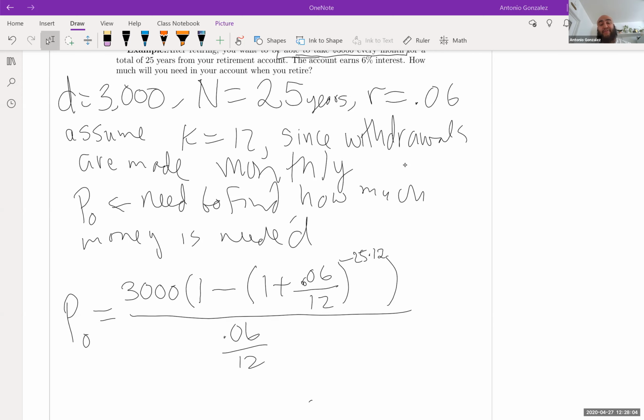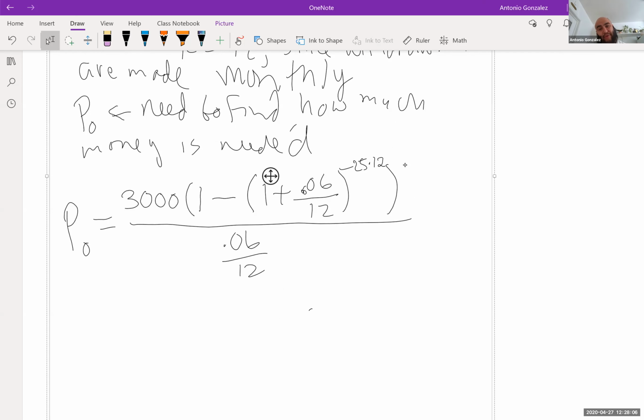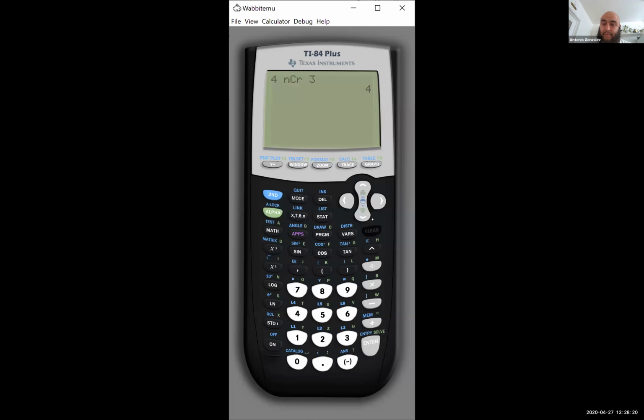All right. So now once I have my formula written out, the next thing is, how am I going to substitute this or write this into my calculator? So let me bring up my calculator here. We'll start off and put the 3,000.